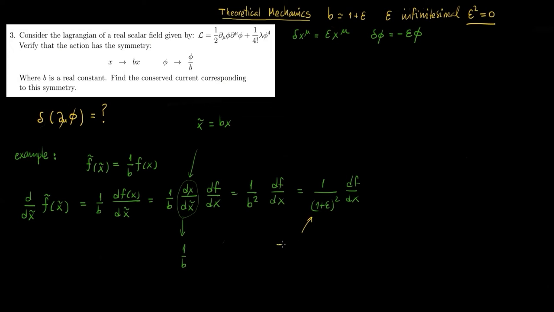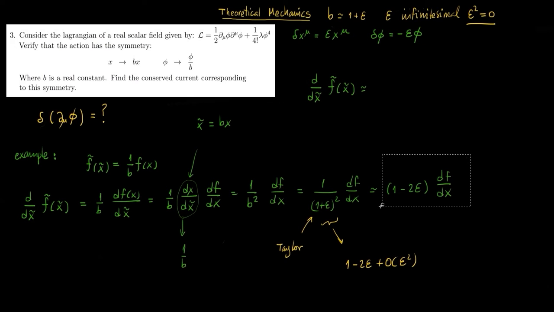Let's do a Taylor expansion again, and you can check that this is 1 minus 2 epsilon plus epsilon squared terms. So this is equal to 1 minus 2 epsilon times df dx.